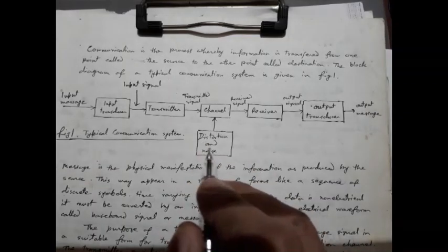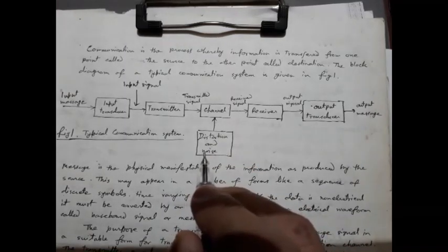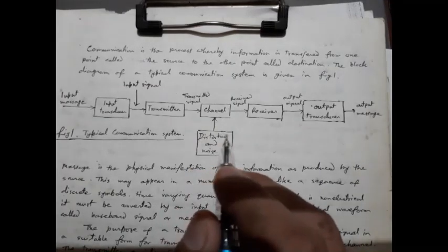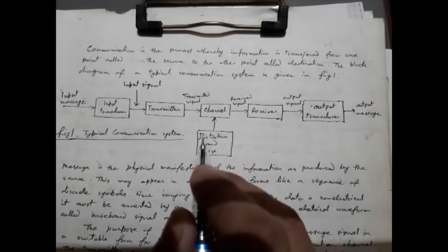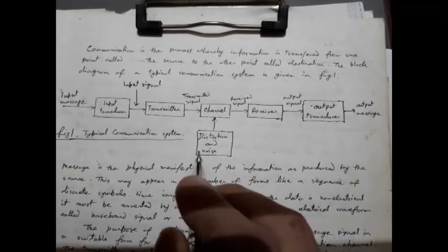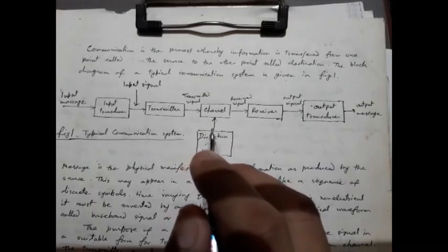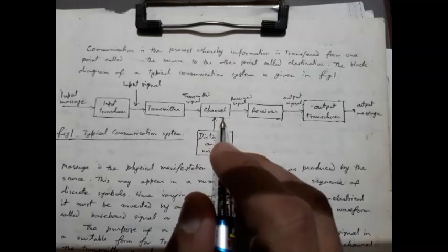Now noise, we will discuss later on. Noise is some undesired signal added with the original signal, and distortion is basically coming from the problem of the channel. This is the property of the channel. Actually what happens, in the channel all the frequency components may not travel at the same velocity.